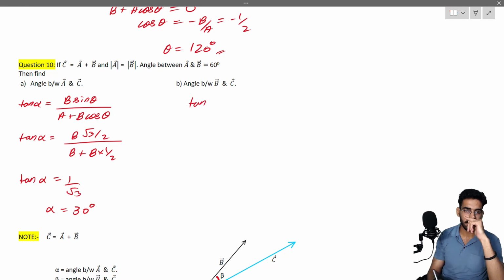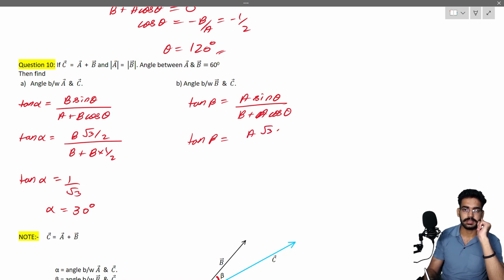Okay, similarly the angle between b and c, tan beta I can write. Tan beta is a sin theta divided by b plus a cos theta. Okay, put the values. Tan beta equals a, you keep a only, a sin theta, sin 60 is root 3 by 2, divided by a and b are equal so you can replace anything, a plus a into 1 by 2.